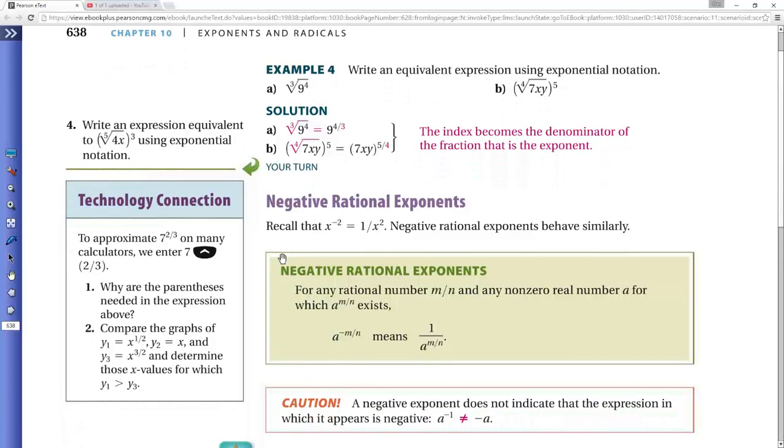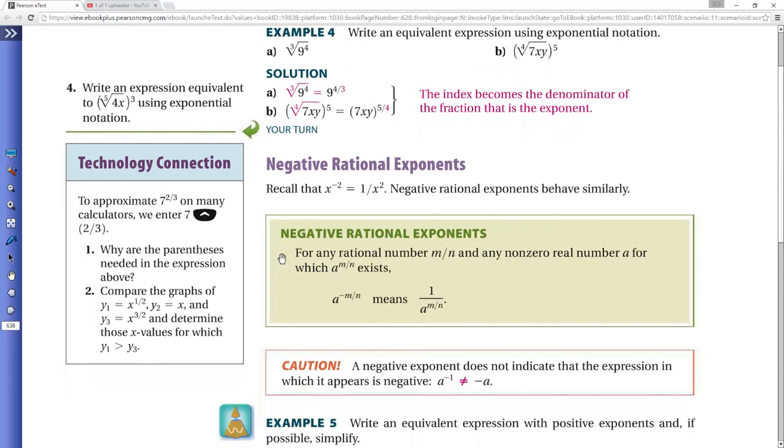Now, negative exponents, a little bit of review here too, is that it sure doesn't mean a negative number, but negative exponents mean we're going to have a fraction occur. And to recall, x to the -2 power is the same as 1 over x to the +2 power. So negative rational exponents behave similarly.